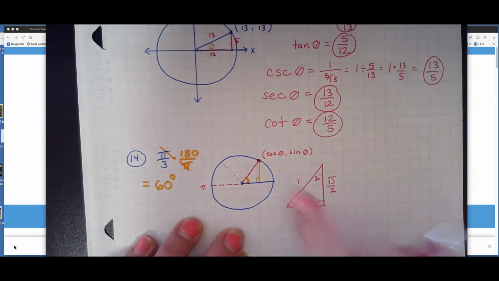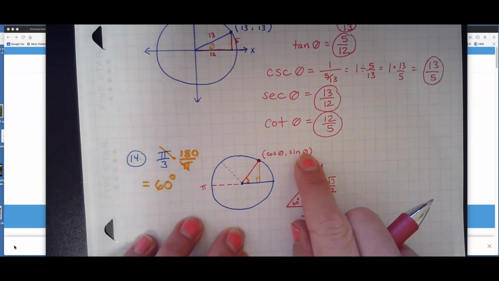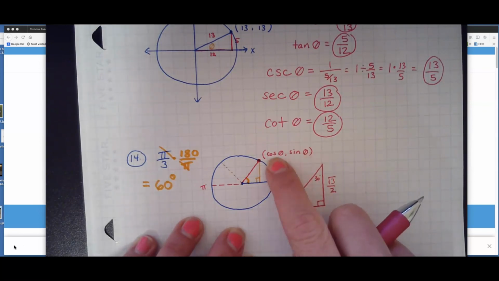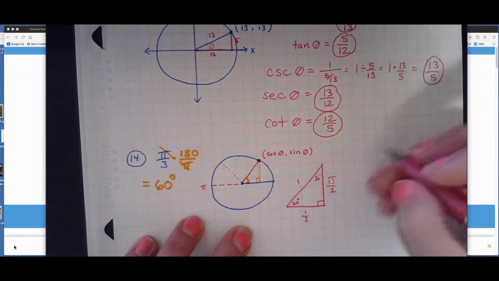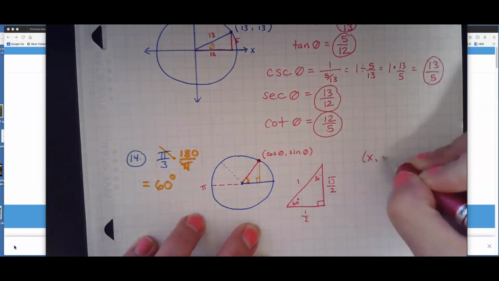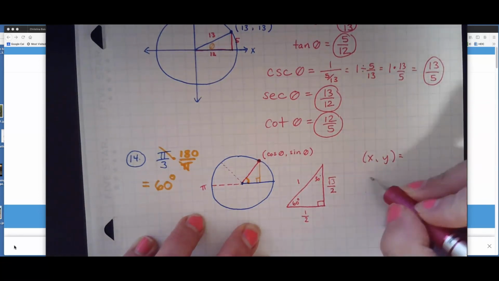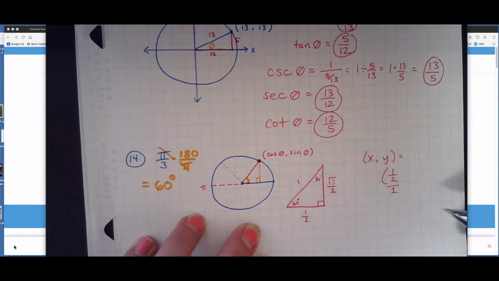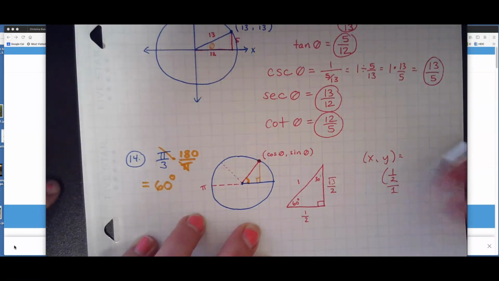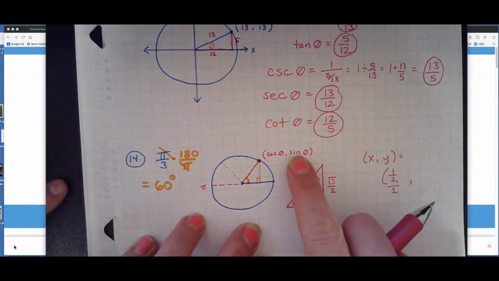So this one's 1/2. That's a 1. And they want the coordinates, so all I need to do is figure out what the cosine would be. The cosine of the 60-degree angle is adjacent over hypotenuse, so that's going to be 1/2 divided by 1, which is itself, comma, and then we'll do the sine.